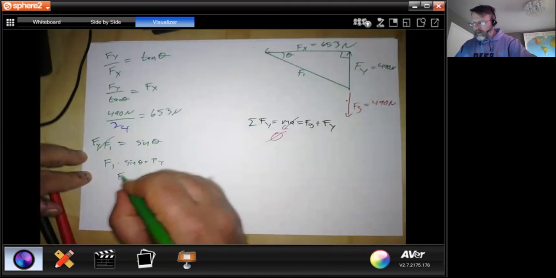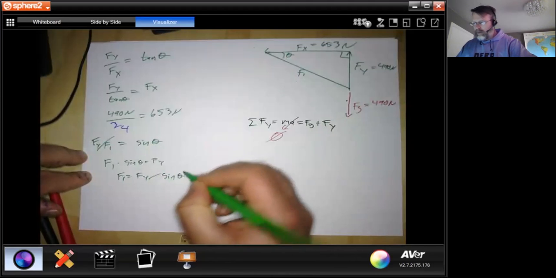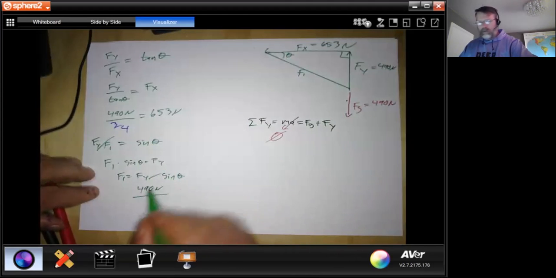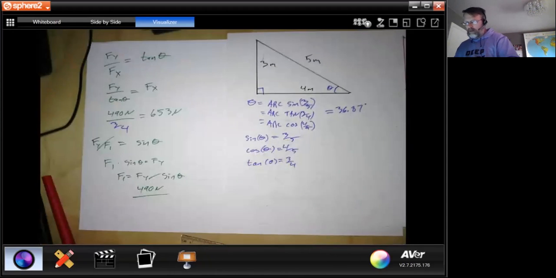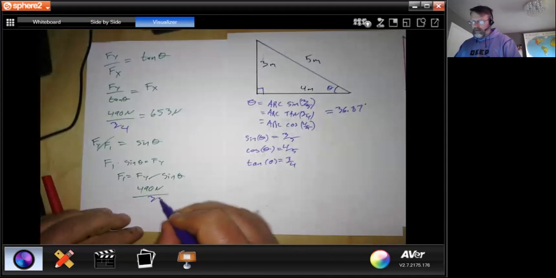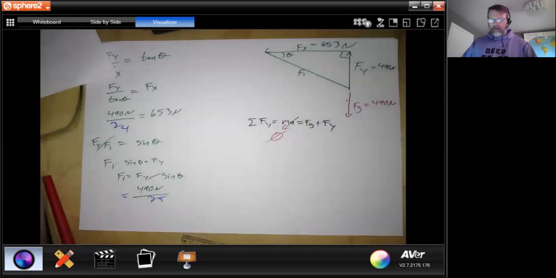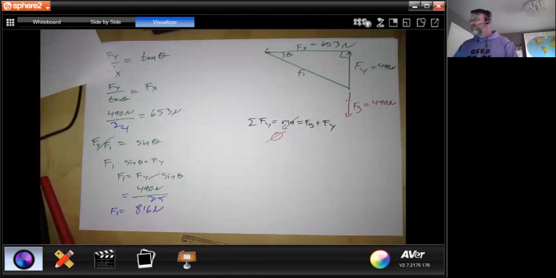We're trying to solve for F1. F1 equals Fy over sine of theta. So we could still do 490 newtons, and then we have sine of theta, which we already knew was 3/5. Then we could plug that in again, and we could find F1 equals 816 newtons.